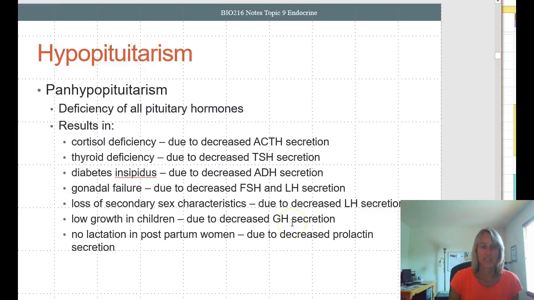A decrease in GH, growth hormone, can lead to low growth in children. And decreased prolactin can lead to no lactation in postpartum women. What I just described, if we have all these things together, then we have pan-hypopituitarism. But once again, like we said, we could have a deficiency of just one of these pituitary hormones, and it would manifest in just one of those things.